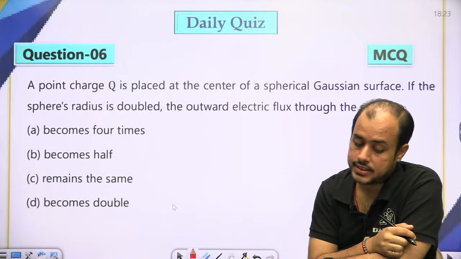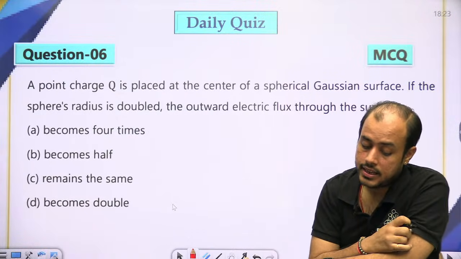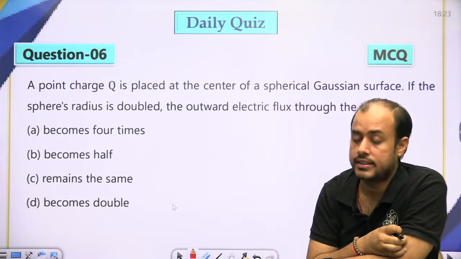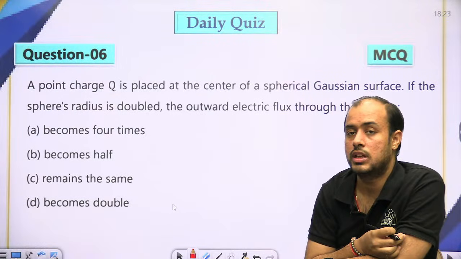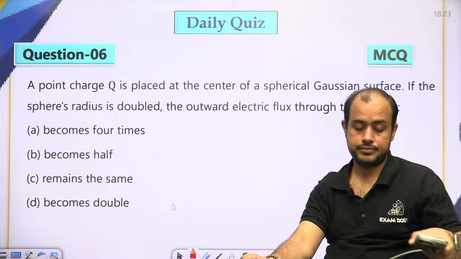A point charge Q is placed at the center of a spherical Gaussian surface. If the radius of the sphere is doubled, what happens to the flux?